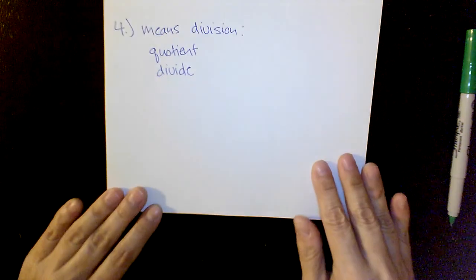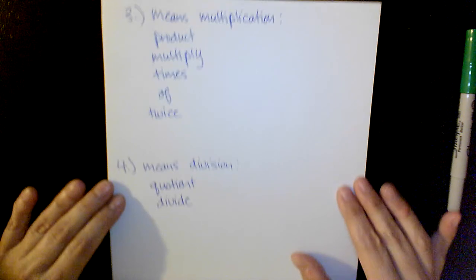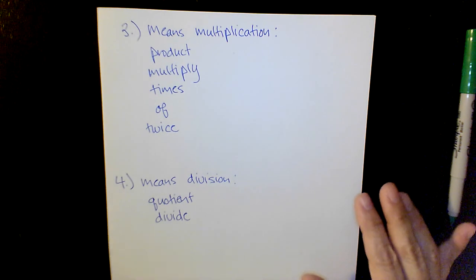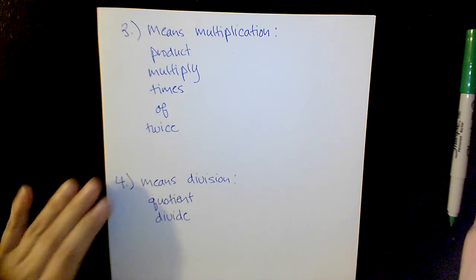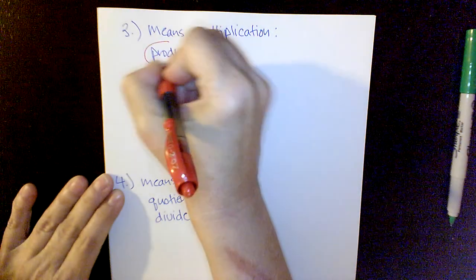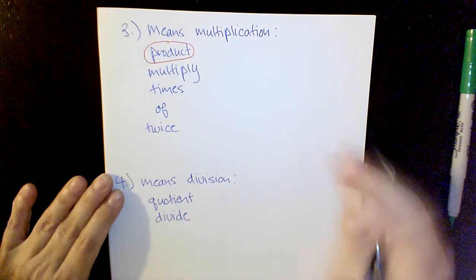I'm going to move on to the third column, and I've got some keywords here that mean multiplication, the big one being product. I'm going to circle that one.